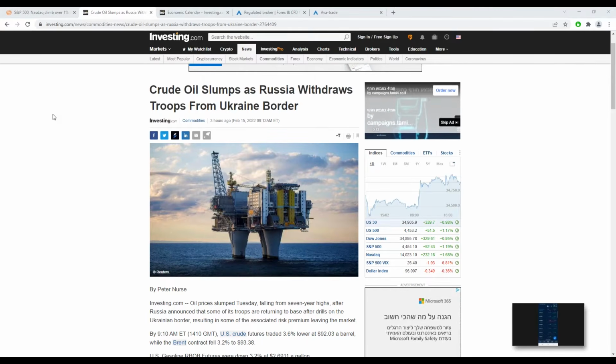And crude oil, because if Russia had invaded the Ukraine, or they still could, if they do, it's expected that that will put a strain on crude oil supply, the supply chains and the amount of oil that's available globally. And if that happened, then obviously lower supply, still a high demand for crude oil, then prices would go up.